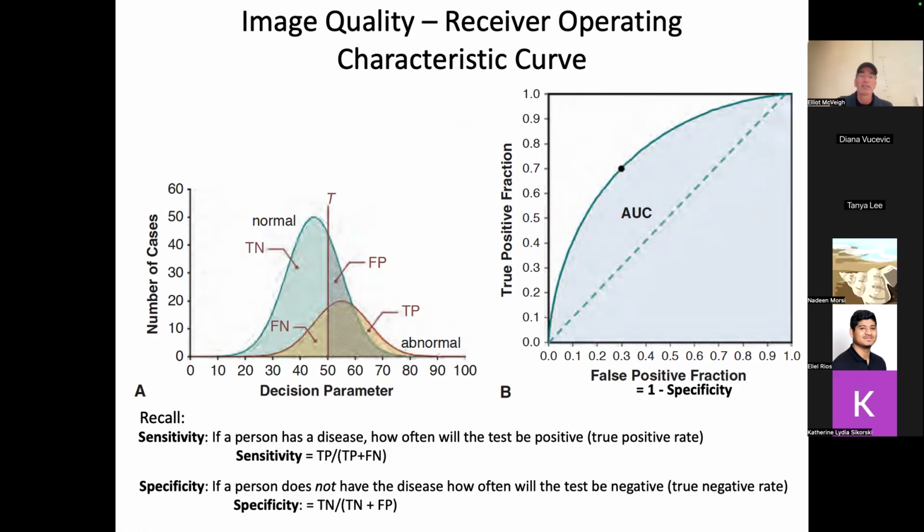You can see what happens if here's the distribution of, here's my decision parameter. So this means I'm going to measure something. If it's above 50, I'm going to call that person abnormal. If it's below 50, I'm going to call them normal. Okay.